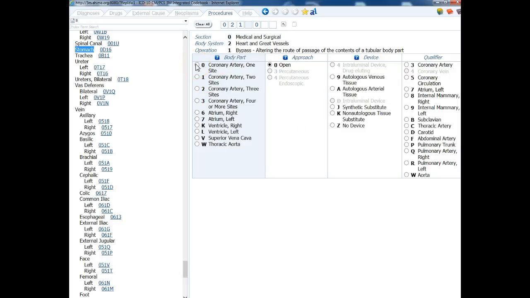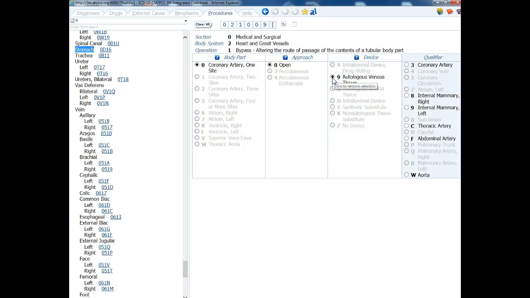And our first code is actually going to be 021093.